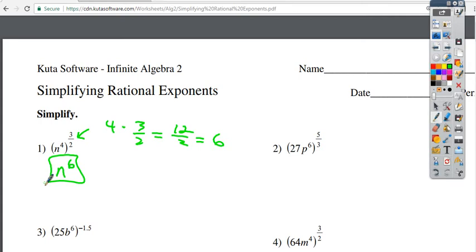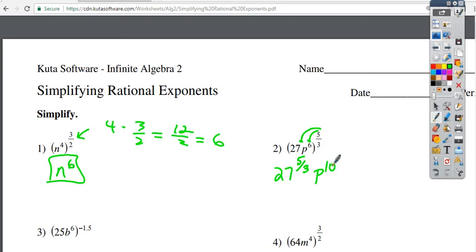Again, this 5/3 needs to get multiplied by each of the exponents inside parentheses. So we're going to have 27 to the 5/3, and then p, 6 times 5 is 30 over 3, which is what? 10.